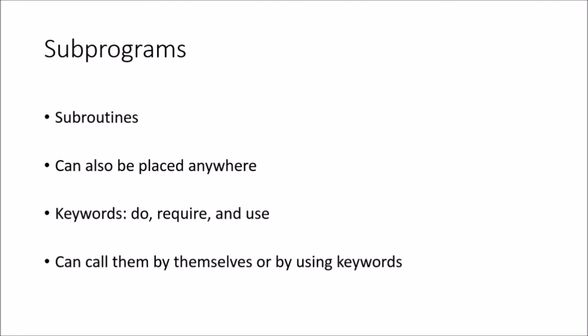Things to note are the keywords do, require, and use. You can call subroutines loaded in from other files by using these keywords to grab the subroutines from anywhere that you want to get them from, essentially.